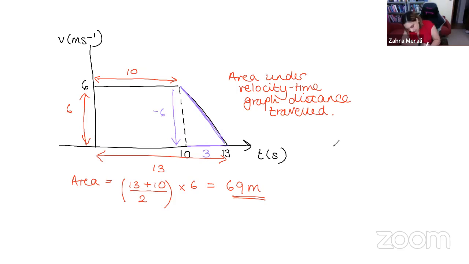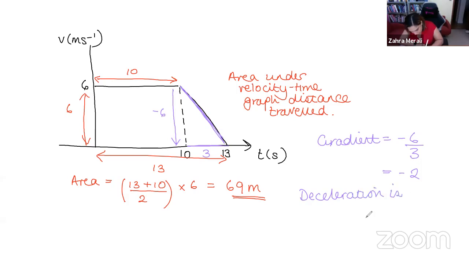So my gradient is going to be -6 over 3, so -2. But because we're asked for the deceleration, we don't need the minus there because it's got the D in the word. So we'd say the deceleration is 2 meters per second squared, which is your units for acceleration.